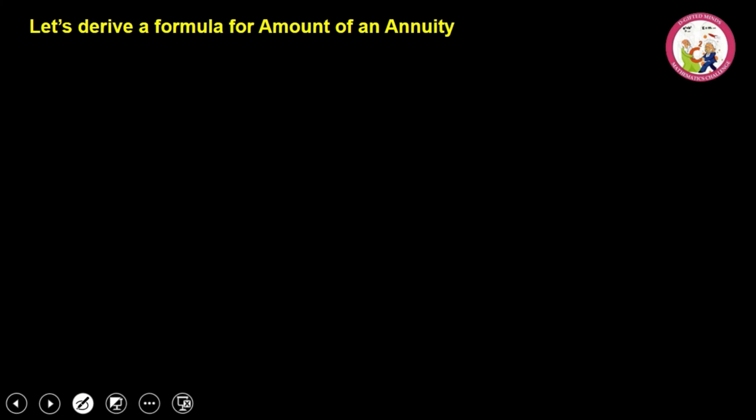Let's derive a formula for amount of an annuity. So let's assume you're going to receive an annuity of P naira over a period of n years, and you intend to invest the annuity annually, immediately you receive it, at the rate of R%.